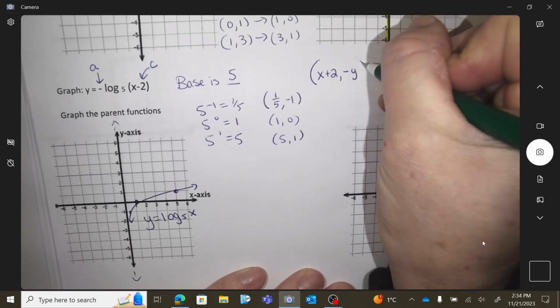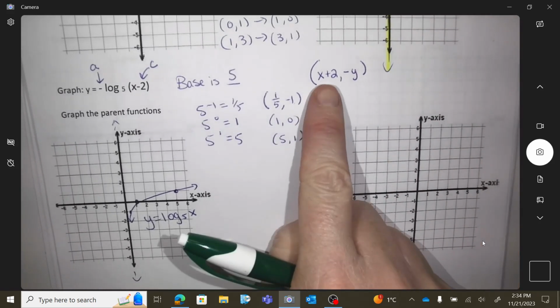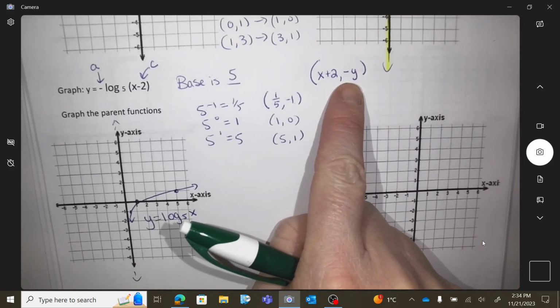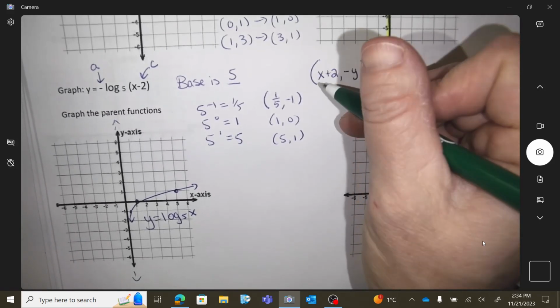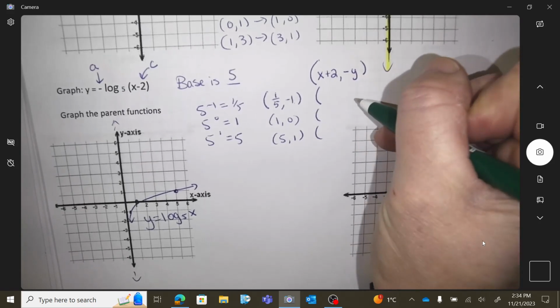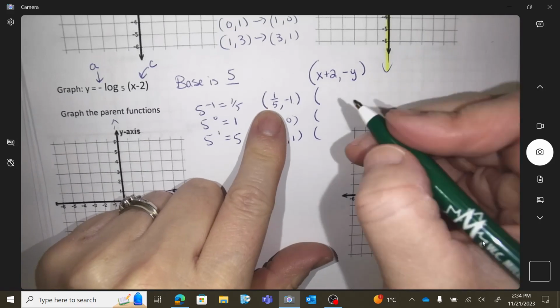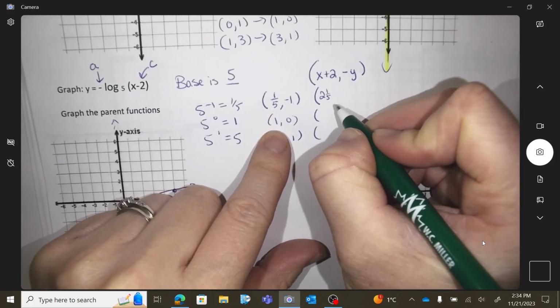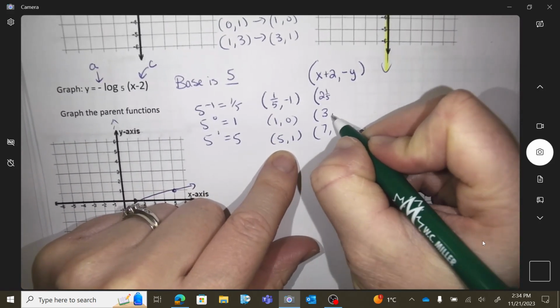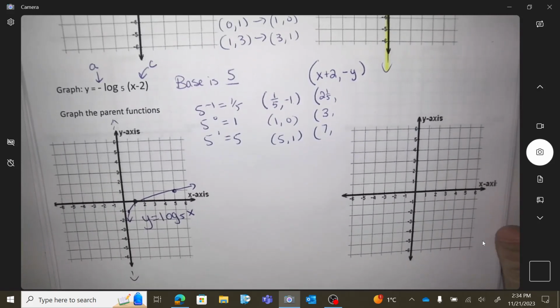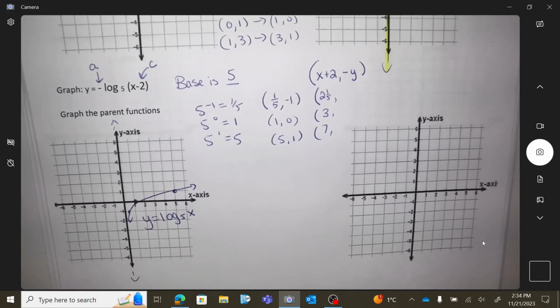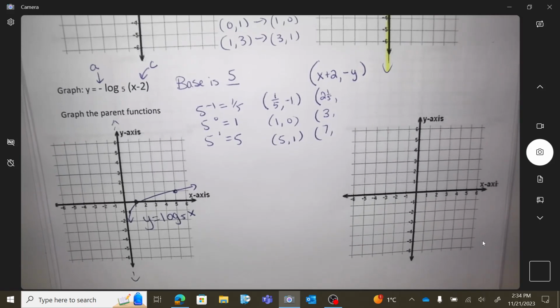And negative y, right? That's how we do a C, and that's how we do an A. Okay, so I'm going to change all my points. So this is going to be 2 and 1/5, 3 and 7.